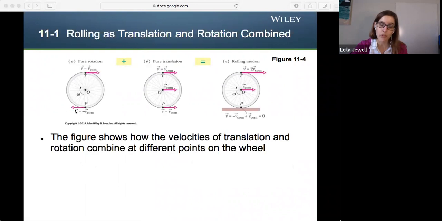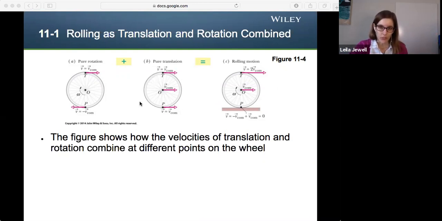At the bottom, it's moving backwards with the center of mass velocity. That's what we'd expect for something that's just spinning in place. For pure translational motion, everything is moving forward at the same rate. So if you have a round object, it's all just translating together at v_com.